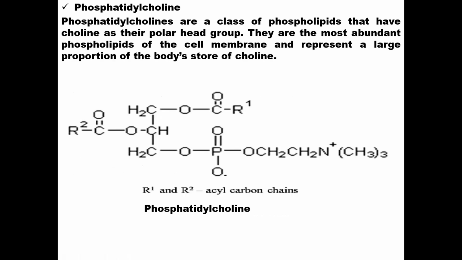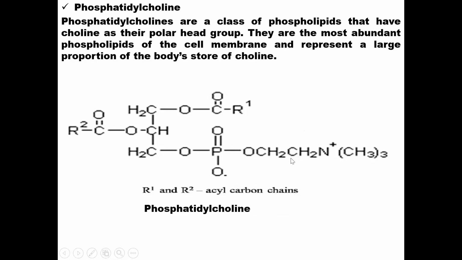Phosphatidylcholines are a class of phospholipids that have choline as their polar head group. You have already seen the structure of choline; I have introduced you to it. So if you look at this structure, at this position you have choline attached to the polar head group. They are the most abundant phospholipid of the cell membrane, and they represent a large portion of the body store of choline.